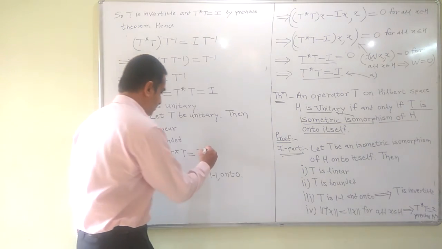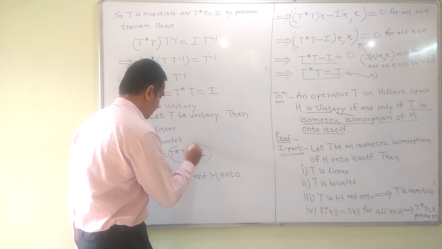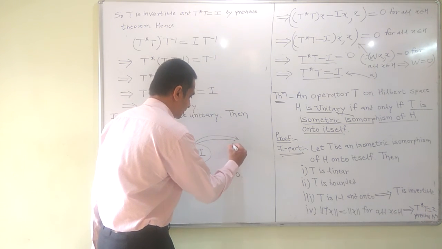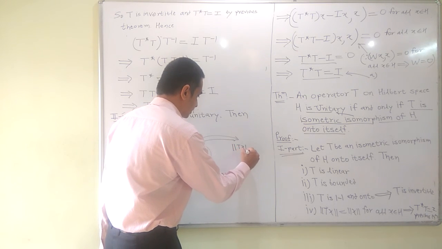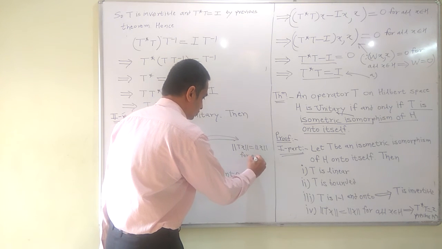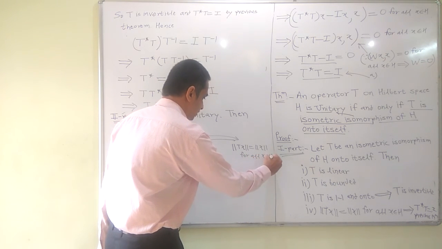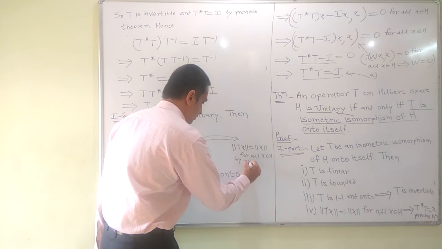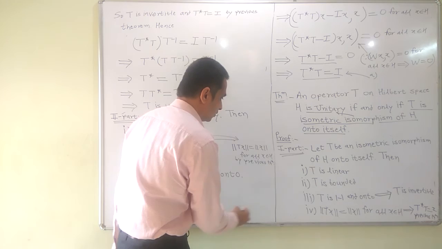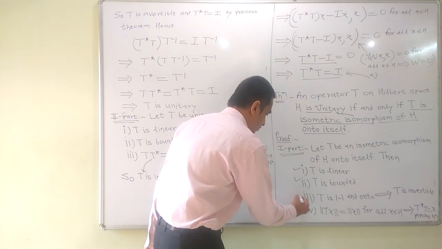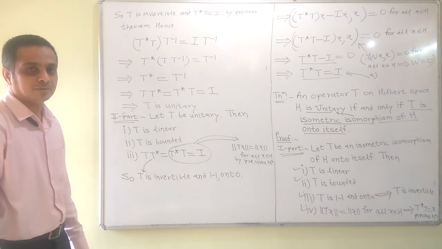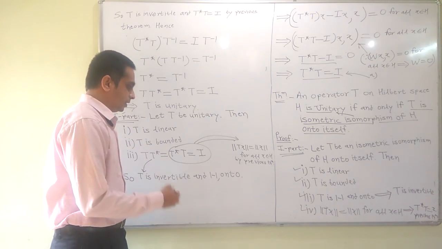Further, by the previous theorem, if this property holds, then we can write that norm of Tx is equal to norm of x for all x belonging to H. This follows from the previous theorem. So all properties required for an isometric isomorphism are satisfied, and thus T becomes an isometric isomorphism of H onto itself.